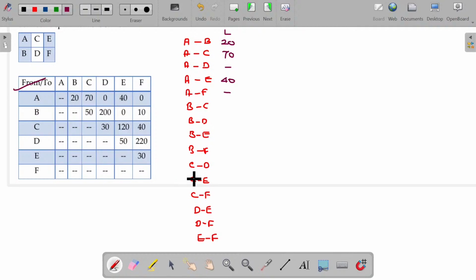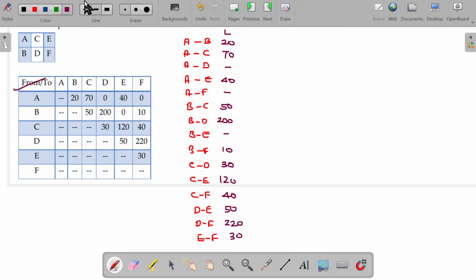Similarly, B to C 50, B to D 200, B to E dash, B to F 10, C to D 30, C to E 120, C to F 40, D to E 50, D to F 220, E to F 30.